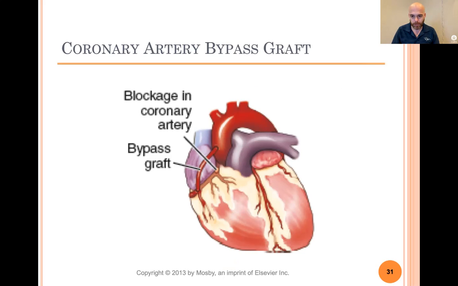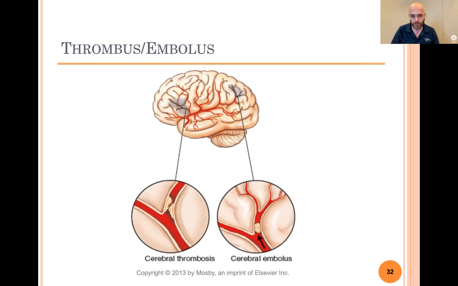So it's completely blocked. Well, that bypass graft that you see labeled is a new blood vessel that they took from another part of the body, and they hooked it onto an earlier part of that blocked blood vessel, and then put it straight into the aorta so that the blood flow can continue to the heart.